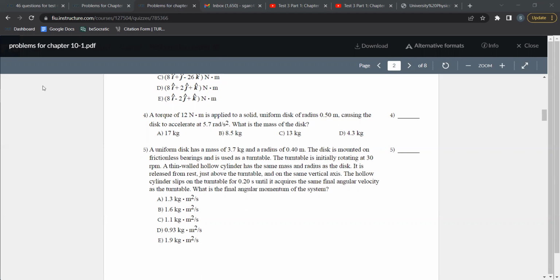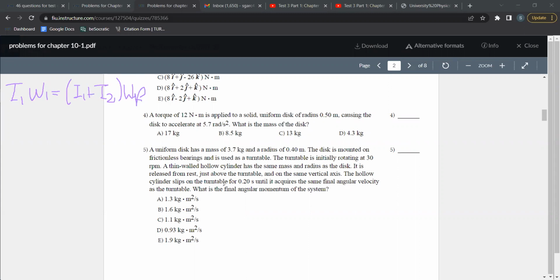We will have our moment of inertia initial times our angular velocity initial is equal to the added moments of inertia, the first one and the second one, times our angular velocity final.